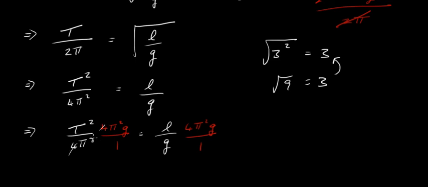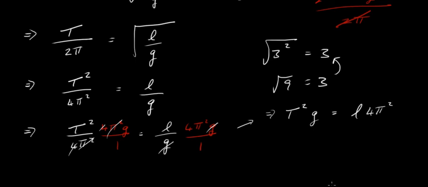This pi squared here will divide into this pi squared. So on the left hand side I'll get t squared times G. The fraction is gone here, there's no denominator anymore. On the right hand side what happens is I end up with this G here dividing into this G here, and I'll just end up with L times 4 pi squared.